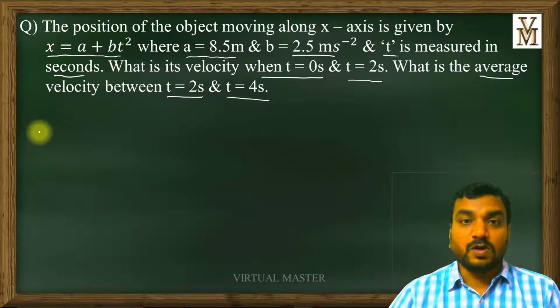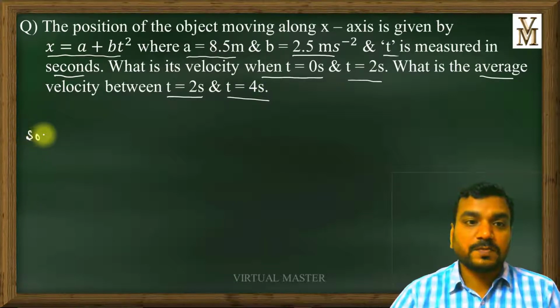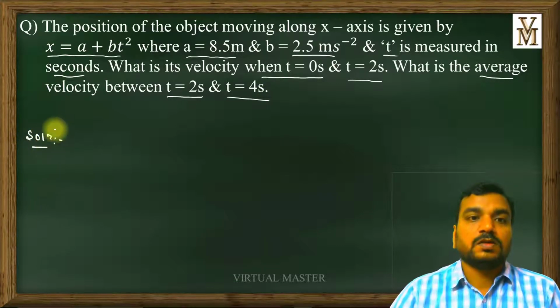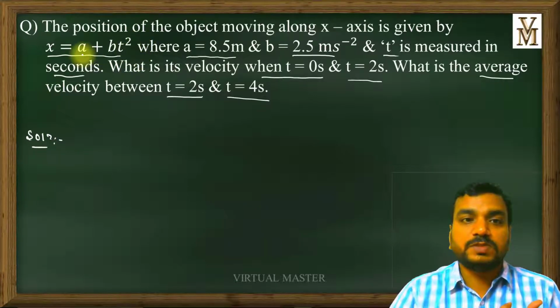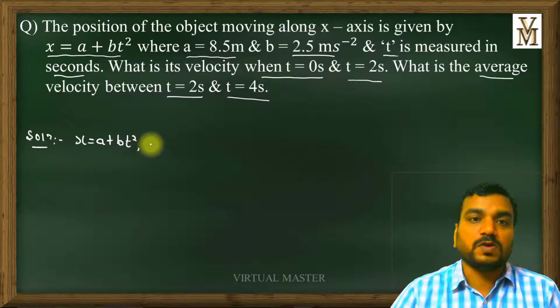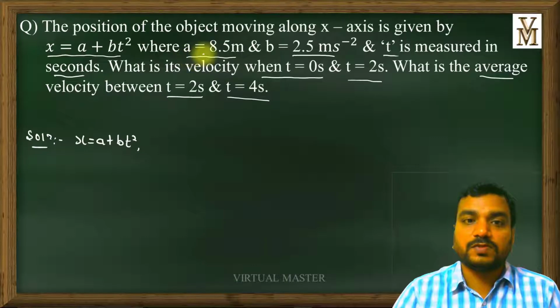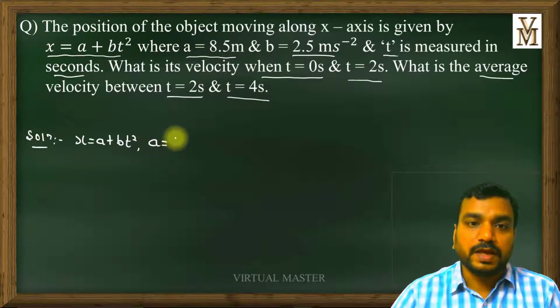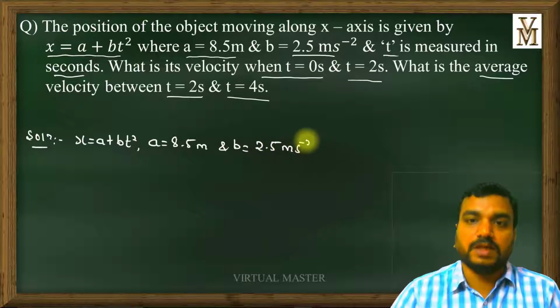Now what are the things given in this question? First, the position of the object is given as a function of time, that is x equals a plus bt square. Next, what else has he given? He has given the values of a and b, that is a equals 8.5 meter and b equals 2.5 meter per second square.